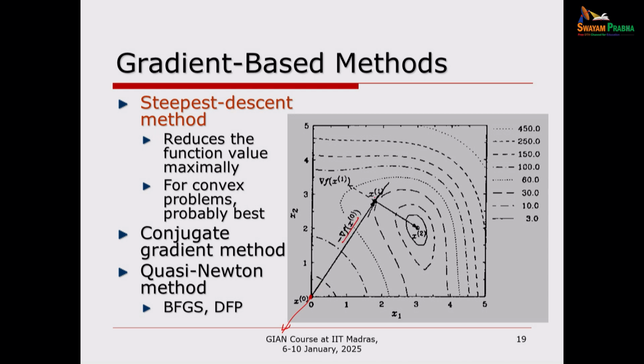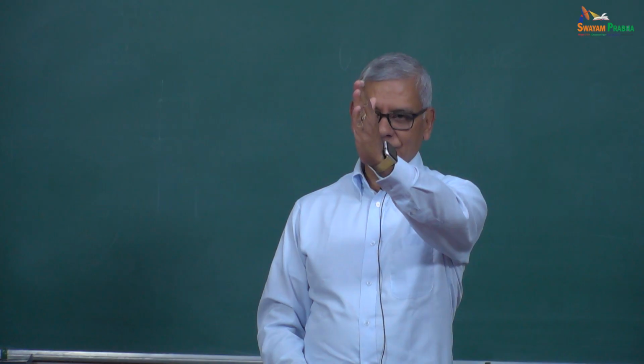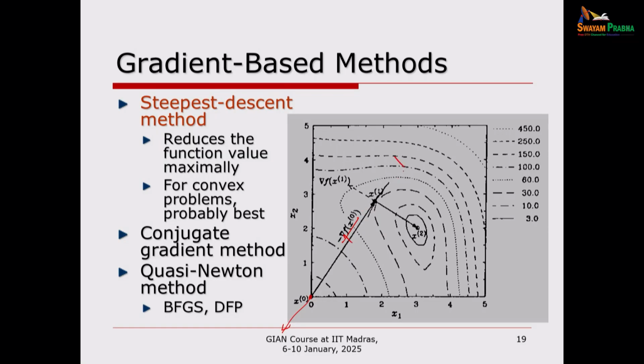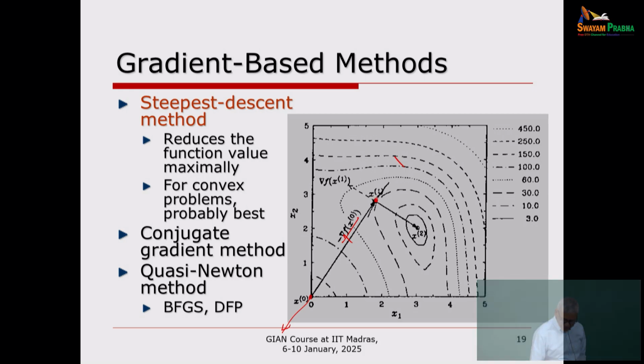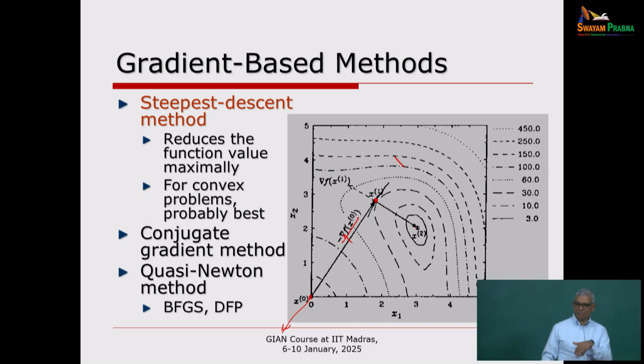Now it's a directional search, like bounding phase and then golden section, to pinpoint it. That's the end of one iteration. Then you find the gradient again, go in the negative of the gradient and repeat, and within a few iterations you can come close to the minimum. But this requires the gradient of the objective function.